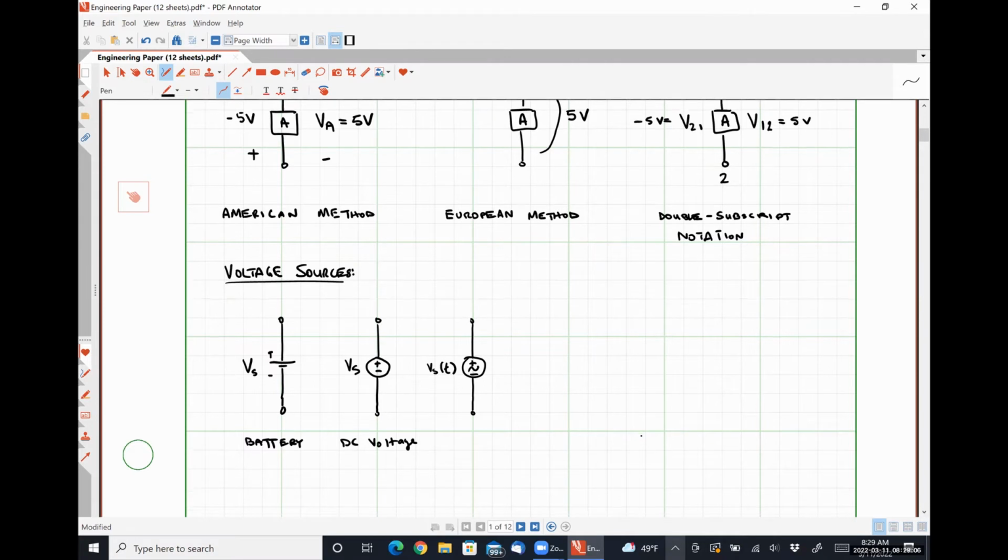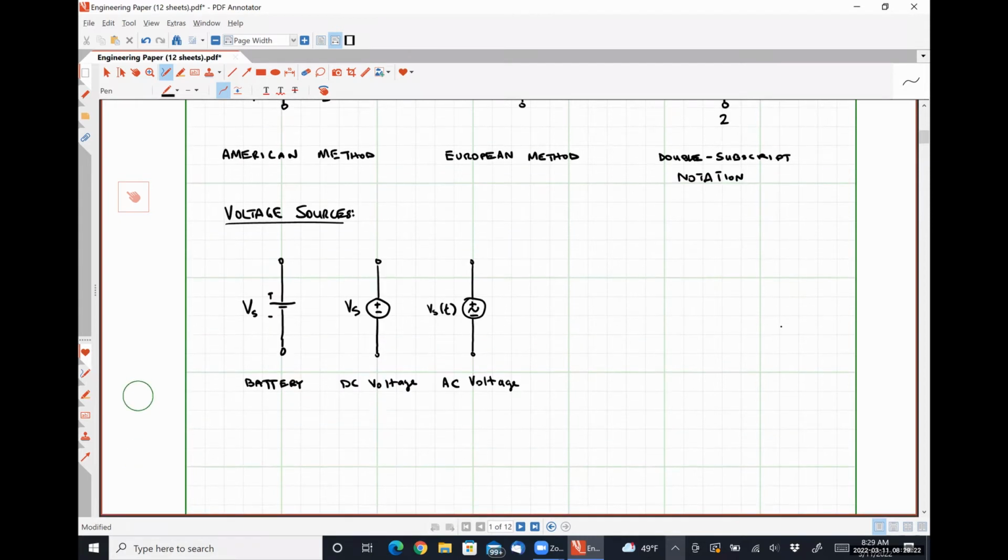And what that squiggle represents is that the voltage is time varying. So this will be called an AC voltage source. These 3 sources are what are called independent.